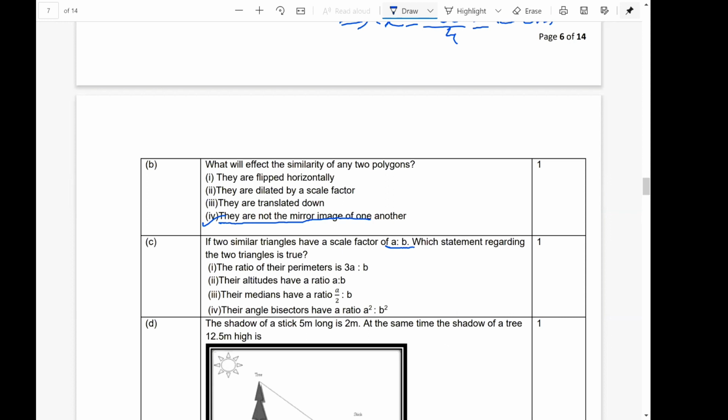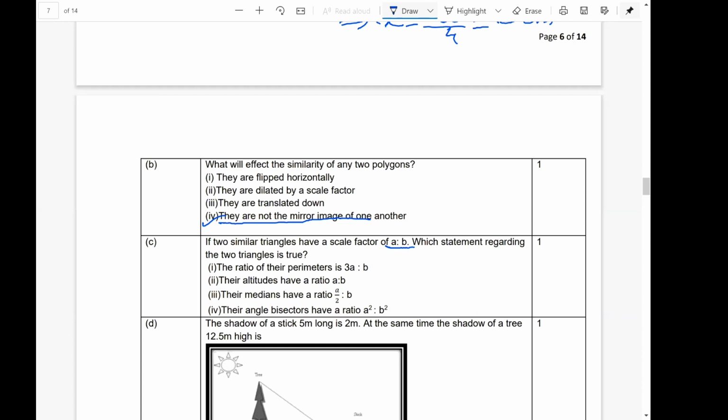Second option is their altitudes have a ratio A:B. So let's check that one. You know, the altitude we can find out using the ratio of areas.